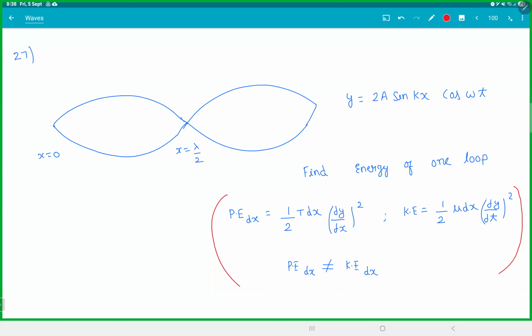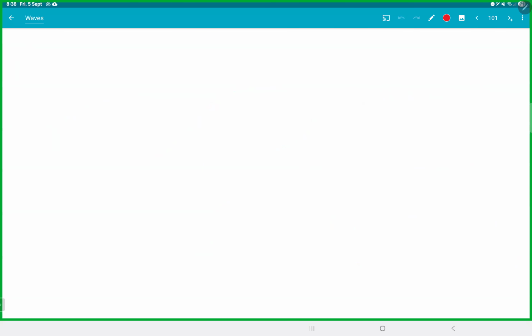Let's see. It's more of a math, and you will see some interesting stuff, and then we'll try to put this also theoretically. So potential energy, if you take a small segment, is half T dx dou y by dou x whole square, it's a partial differentiation.